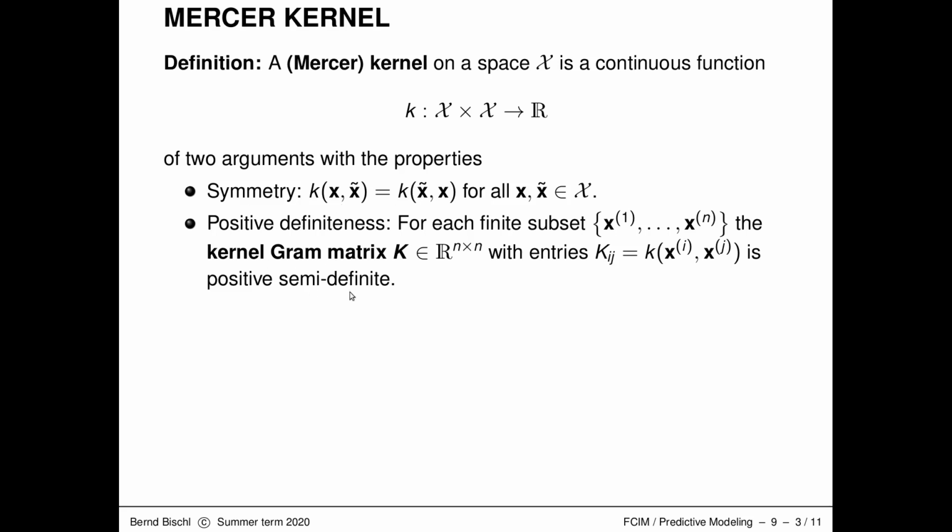And the second property we require from the kernel function is that it's positive definite. By positive definite for such a function, we mean that whenever we use a finite subset of size n, so n can be 1, n can be 2, n can be 100, and then we look at the so-called induced kernel matrix or the induced Gram matrix, which is nothing more than an n times n matrix where every entry is the kernel computation between the ith and the jth element of that set, such a matrix must always be positive semi-definite.